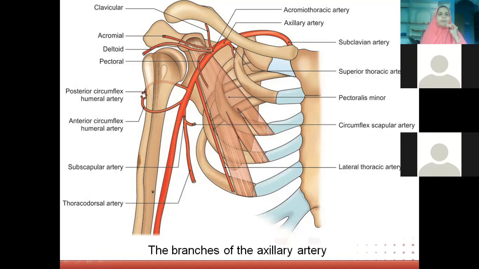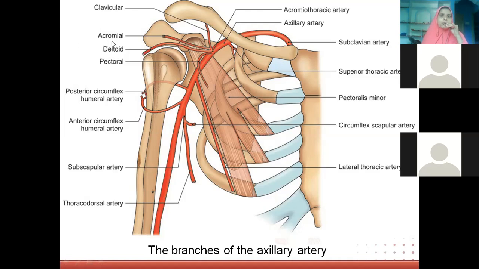Easy to remember. Let us go in order. The acromial branch of the thoracoacromial artery goes towards the acromial process of the scapula, and it takes part in the anastomosis around the acromial process. I will discuss this because it can be a 3 marks question: anastomosis around the scapula and acromial process.